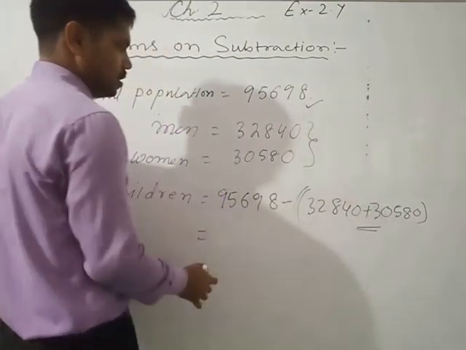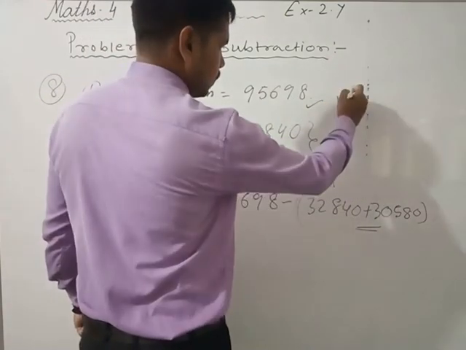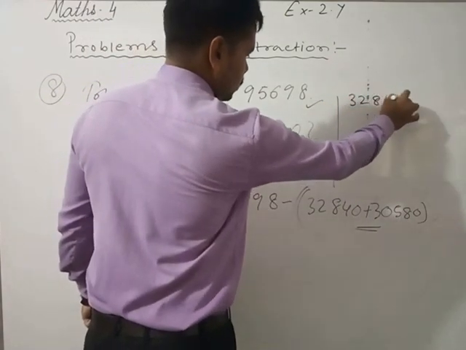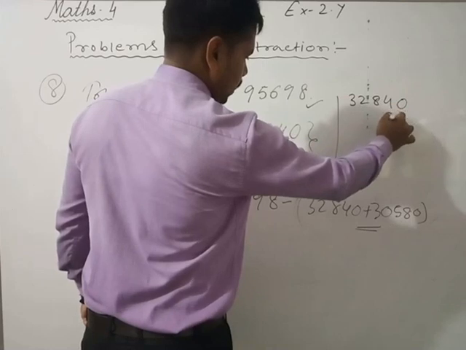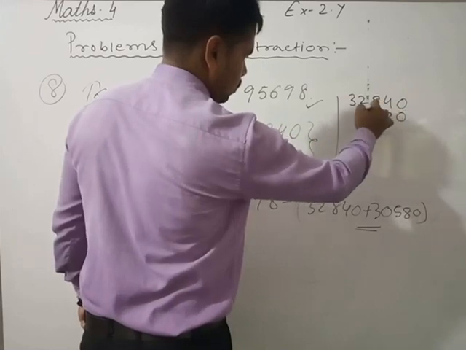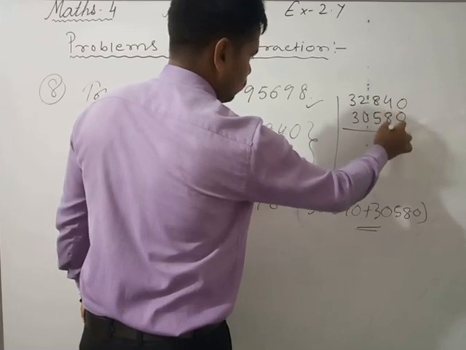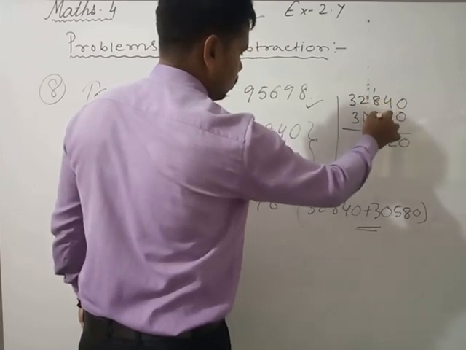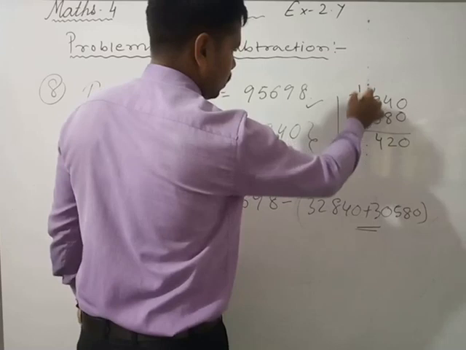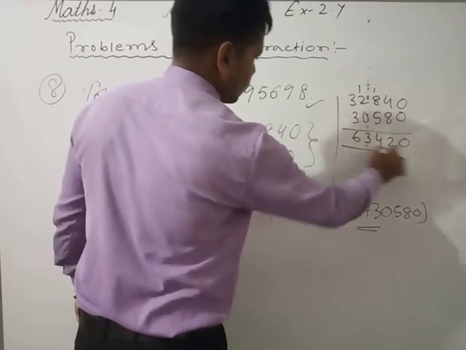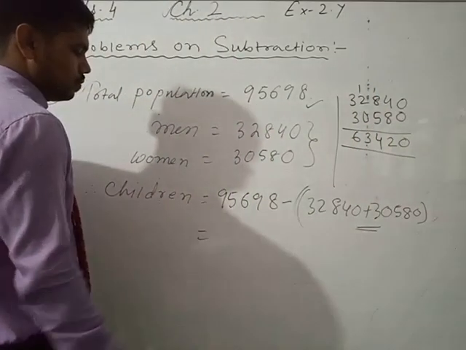So first add this: 32840 plus 30580. So the sum is 63420.